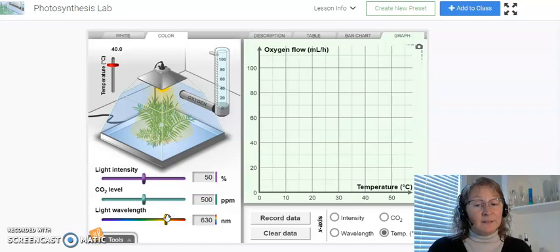Now, keep in mind that even if you find the ideal temperature at light intensity 50%, carbon dioxide 500 parts per million, and say 630 nanometers of light, it might be a different value should you choose to test it in blue light. So you're going to have to do a lot of experimenting, a lot of adjusting in order to solve this problem.